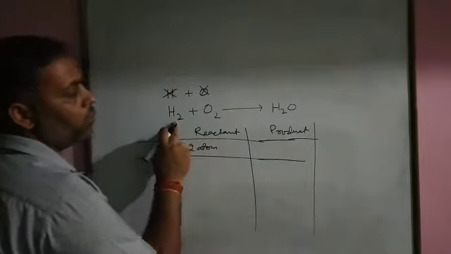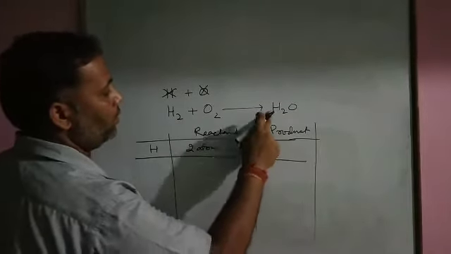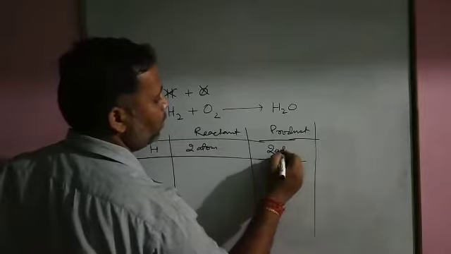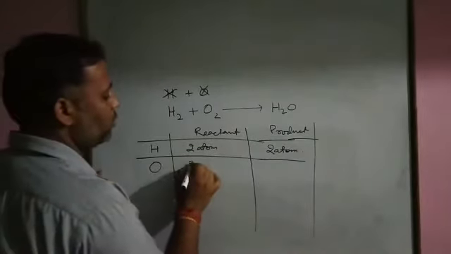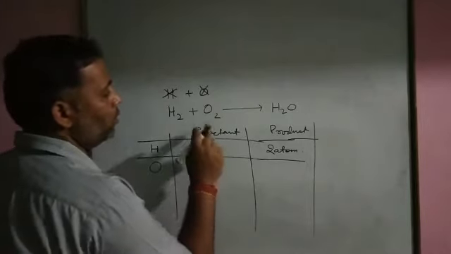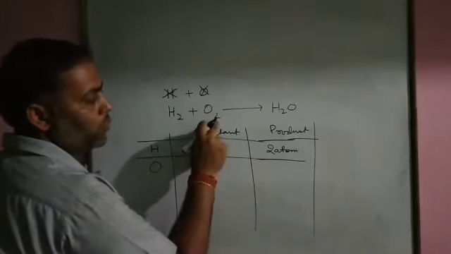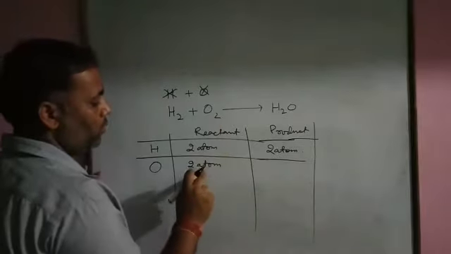How many hydrogen atoms are there? It has 2 atoms. But what about oxygen? Oxygen here is 2 atoms. See here, O2. Subscript is 2. How many atoms are there? 2. It is 2 atoms.